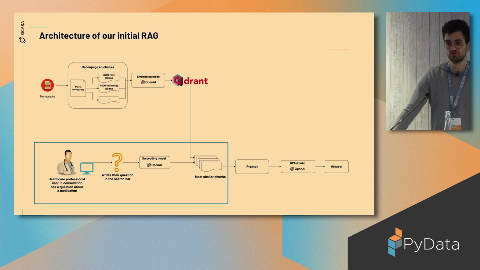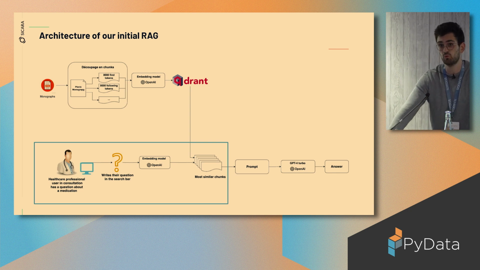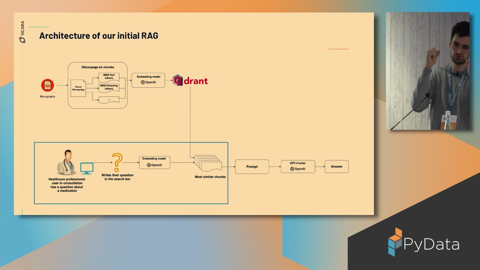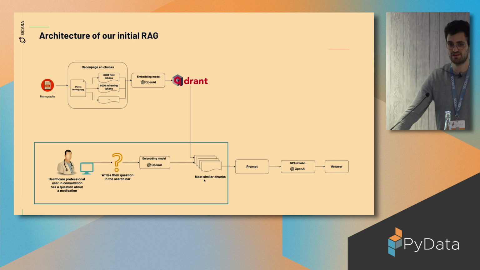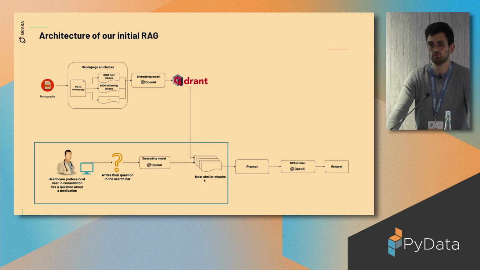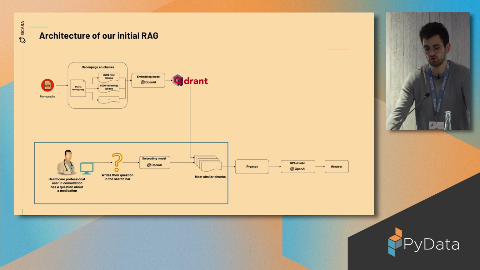The same model is used to create a vector, and then we ask the vector database which vectors are the closest to our query vector, and we retrieve some chunks, which, in theory at least, are all the parts of the Vidal which are semantically the closest to our question.